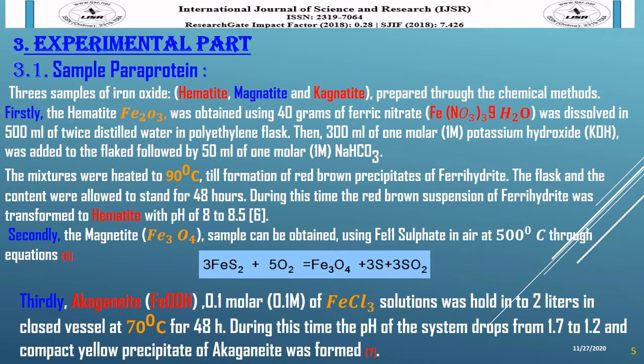During this time, the pH of the system dropped from 1.7 to 1.2, and a compact yellow precipitate of kagnatite was formed.